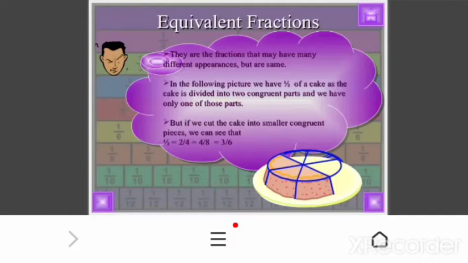But if we cut the cake into smaller equal pieces, we can see that 1 upon 2 is equal to 2 upon 4 is equal to 4 upon 8 is equal to 3 upon 6. Like this way, all are equivalent fractions having same value. Now next children, let us try to understand next part.